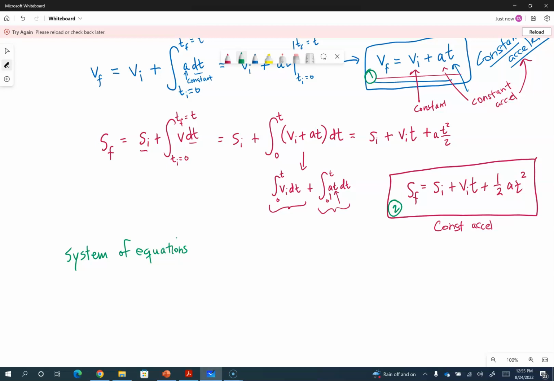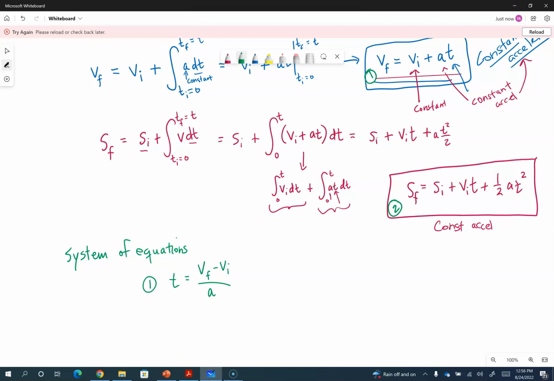They both have a in them. But they do not both have v final or position. So what has been done is that first equation is solved for time. You can totally take intermediate steps. I'm going to just jump to the solution.